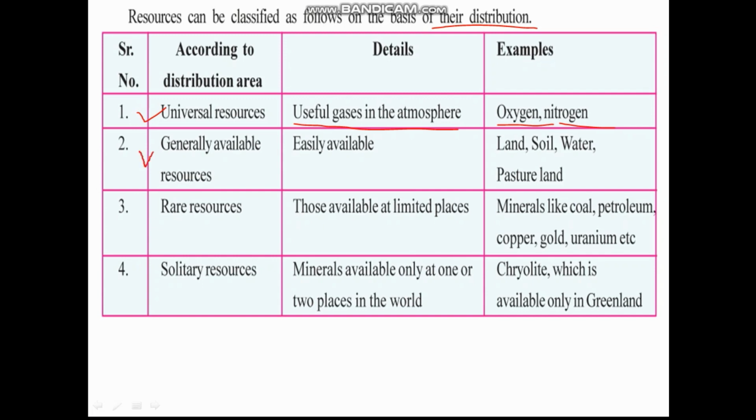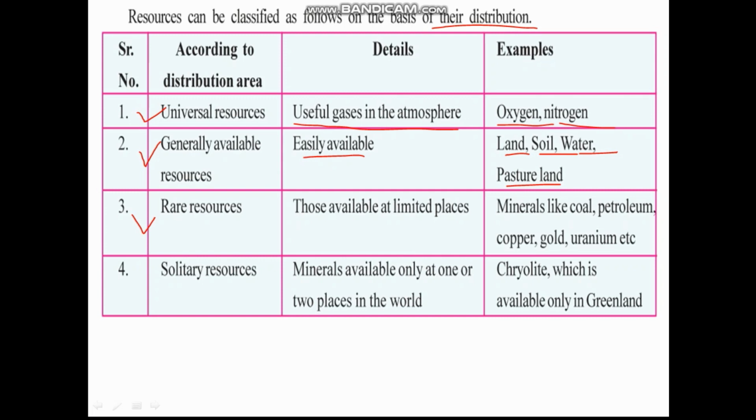Second are generally available resources, such kinds of resources which are normally available at all places, but it is not compulsory that they are available everywhere. Generally means easily available. Examples: land, soil, water, pasture lands, meaning places for grazing for the animals.